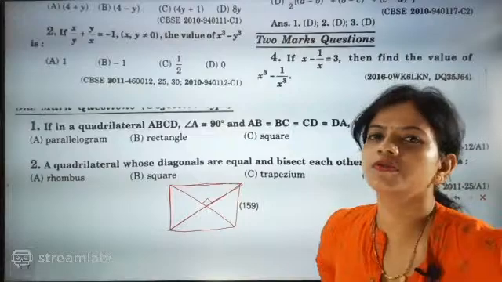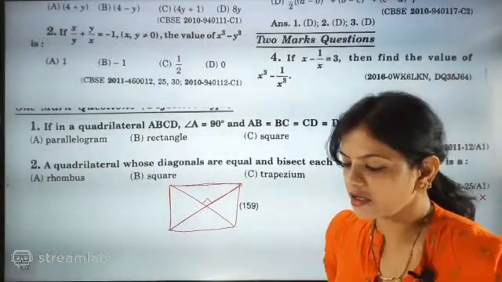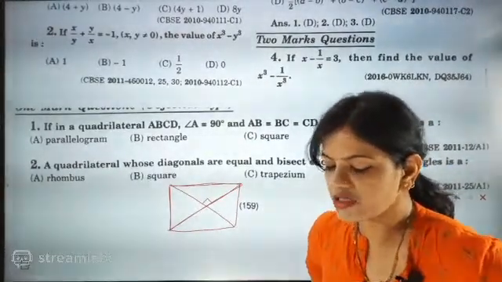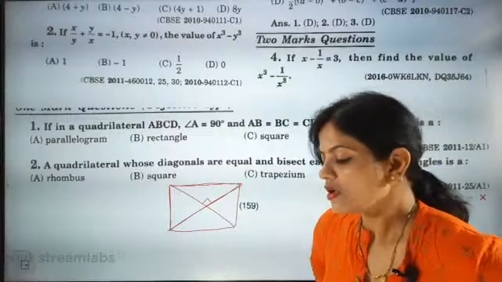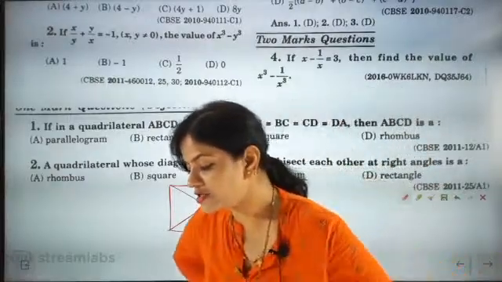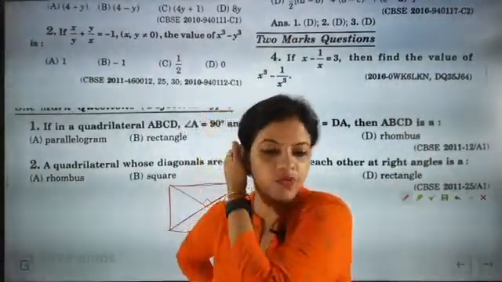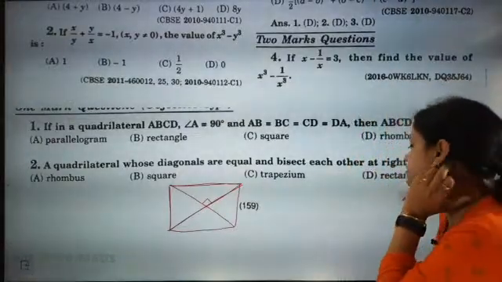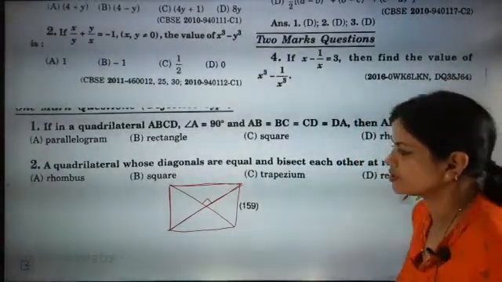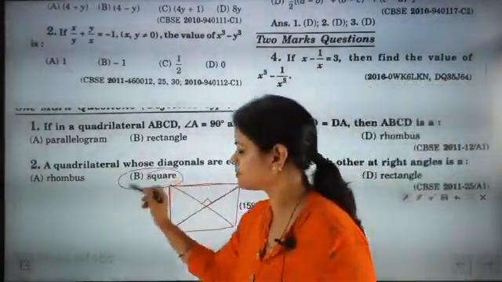How to prove this one? The diagonals are equal, you can prove. Then prove it is exactly going to be right angle. Square is going to be answer.